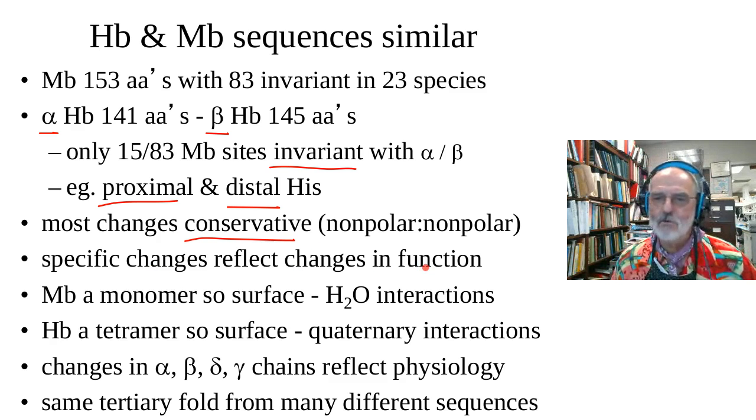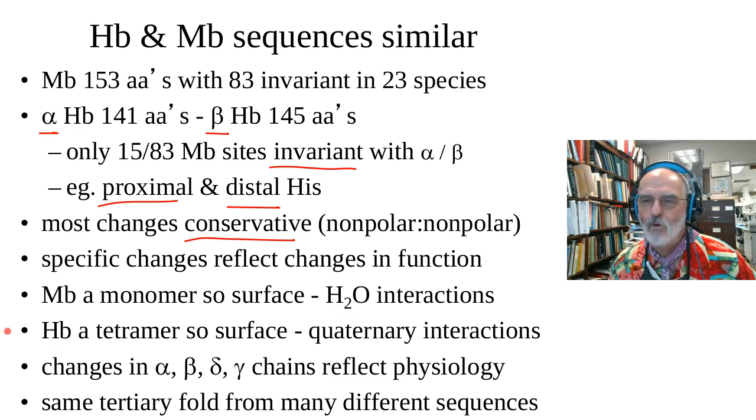We're primarily going to talk about fetal hemoglobin. Myoglobin's a monomer, so its surface interactions are meant to be with water. Hemoglobin is a tetramer, and so its surface interactions are meant to make up a polymer, a stable dimer that forms a quaternary tetramer.